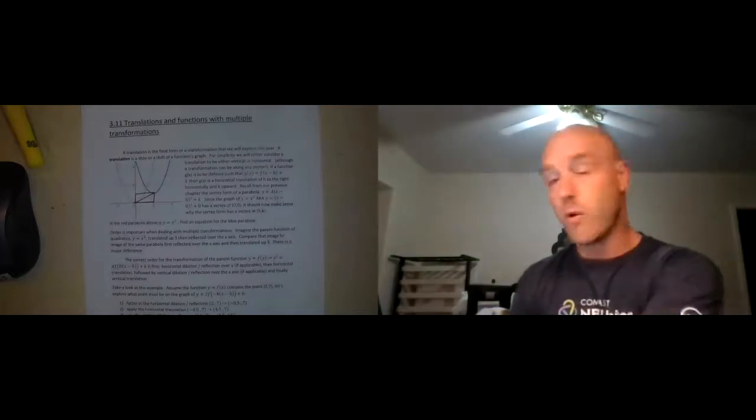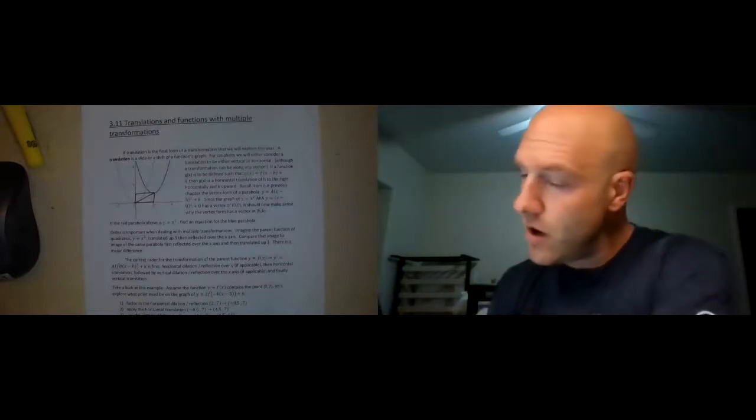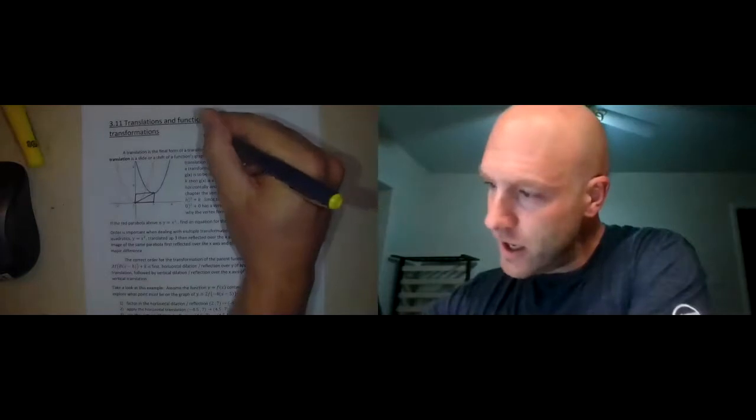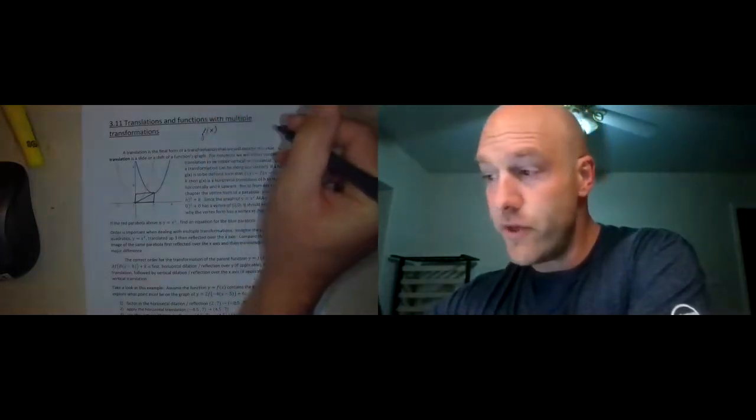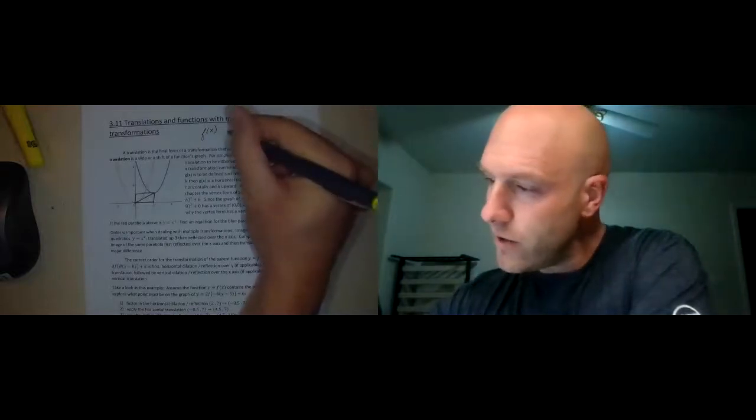So translations, we're going to think of either as being horizontal, a positive translation being to the right, and vertically, positive being up. So horizontal and vertical ones. How do we do it? Well, if I have a function f of x, then to move it to the right by one, I would write it as f of x minus one.